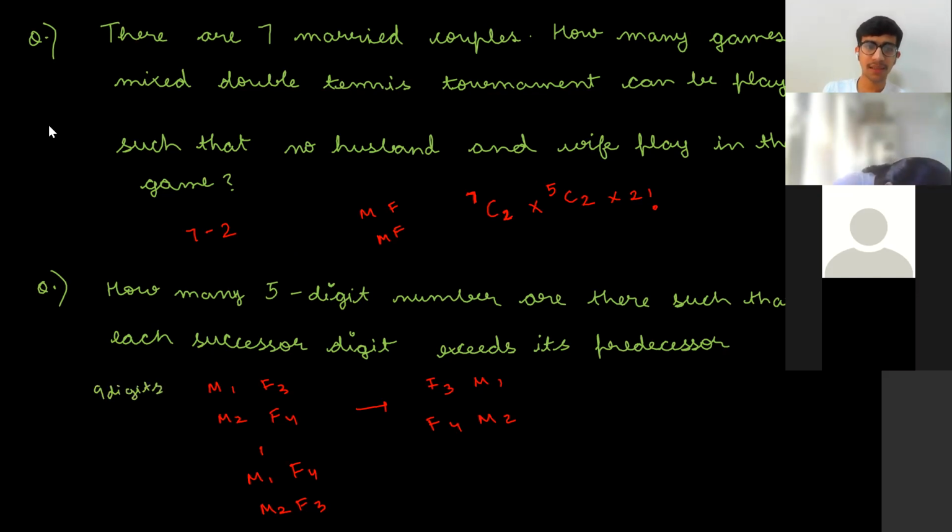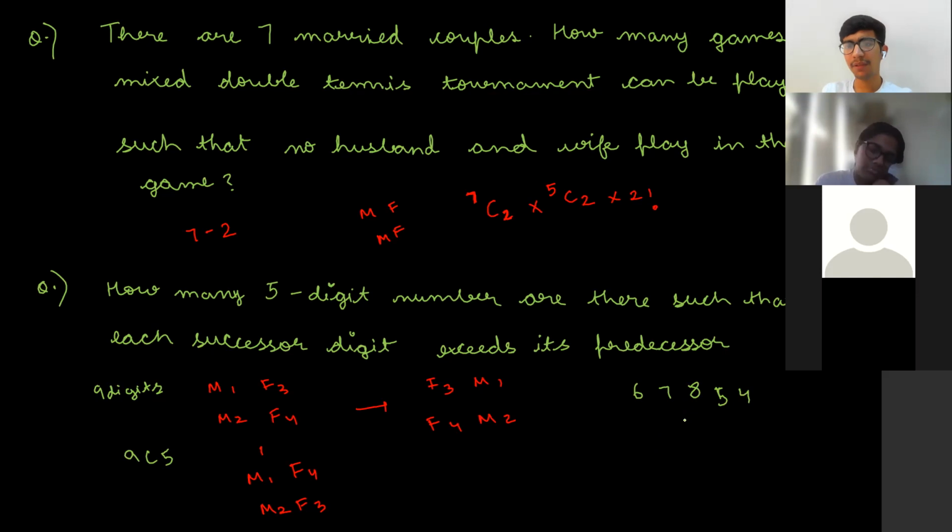What I do is I select 5 digits out of these 9 digits. Let's say 4, 5, 6, 7, 8. How many ways? What is the favorable answer in this case? It's only one case possible कि 4, 5, 6, 7, 8 is the final number.